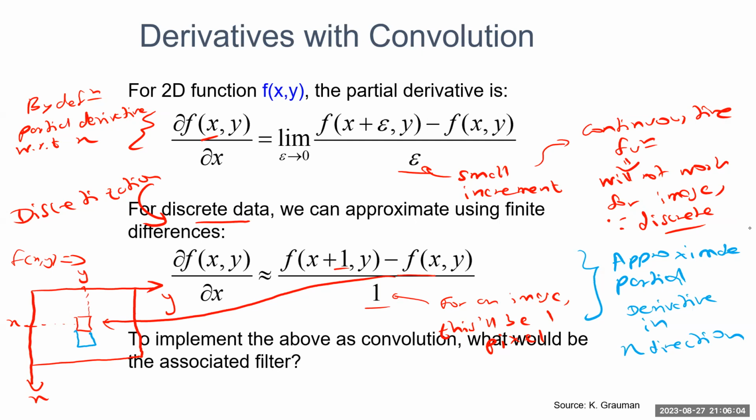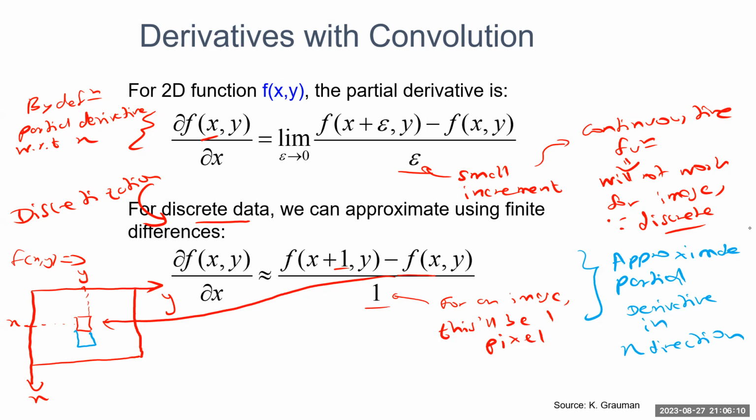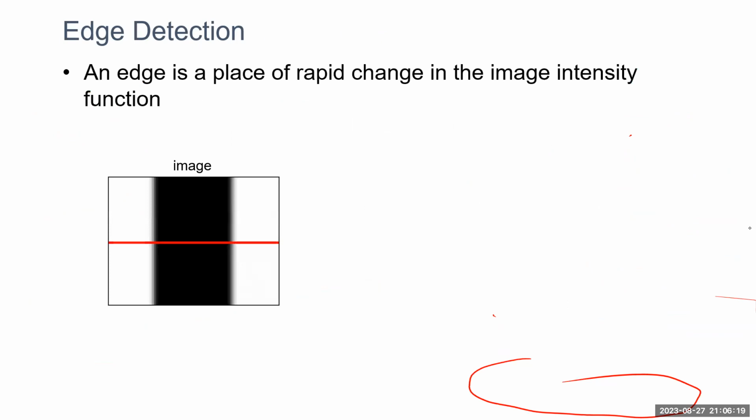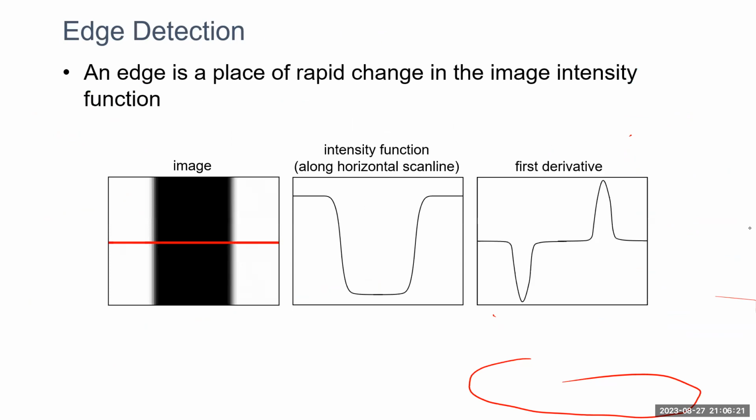This is not the way that we do it, but we have this idea. We had the idea of how to find the edges: by looking at the image and finding out if there are any rapid changes in the image intensity.